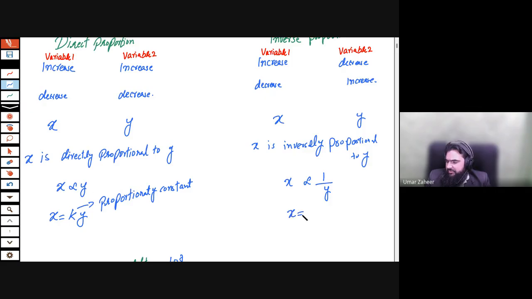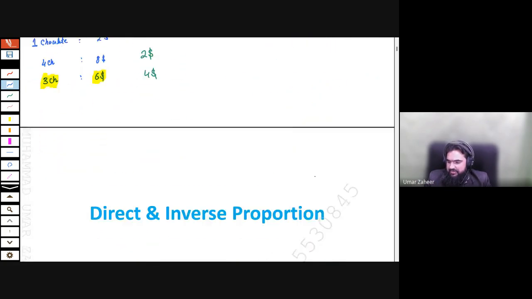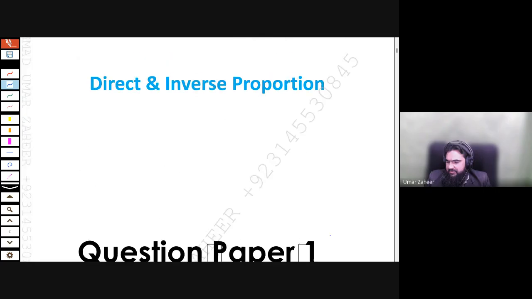And again, you have to remove the proportionality sign to get a k value. These are the two basic equations for direct proportion and inverse proportion. Let's do the question and understand it.